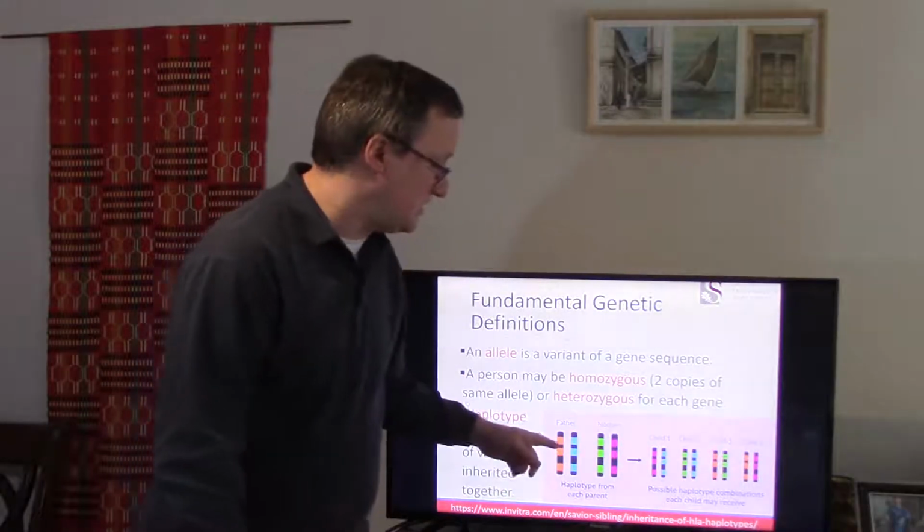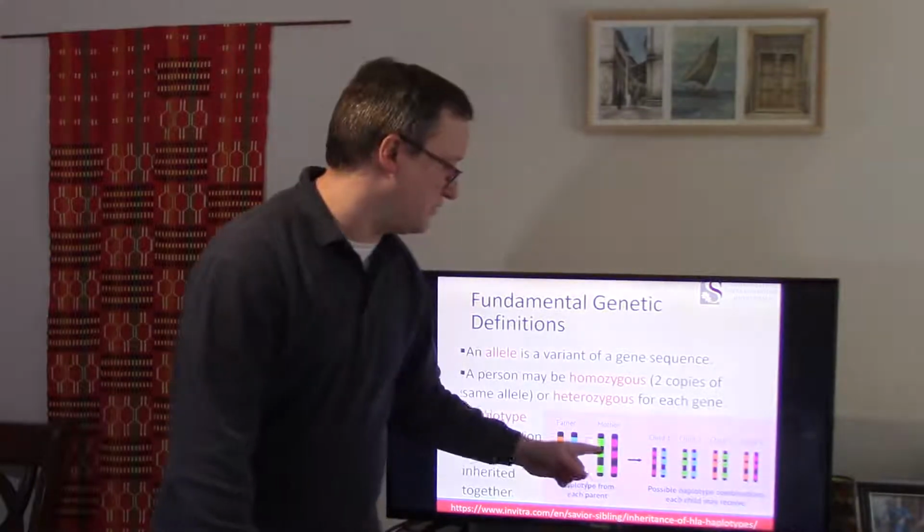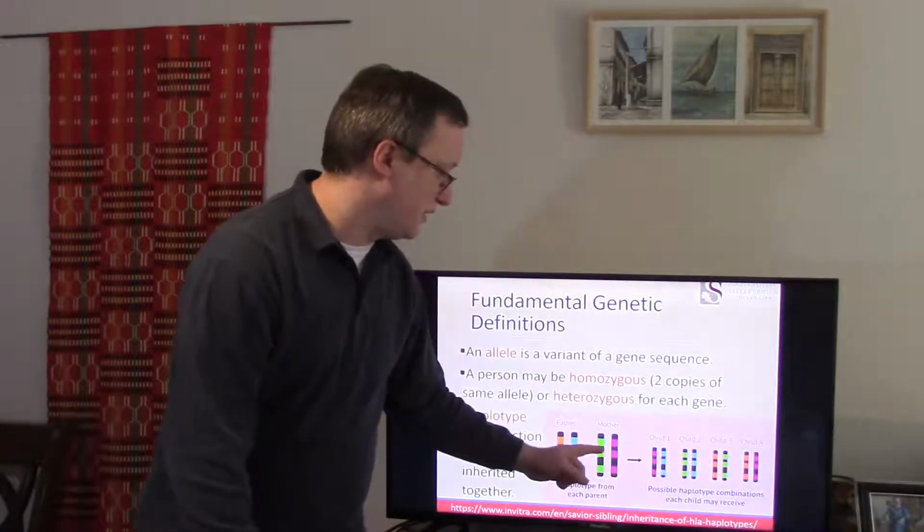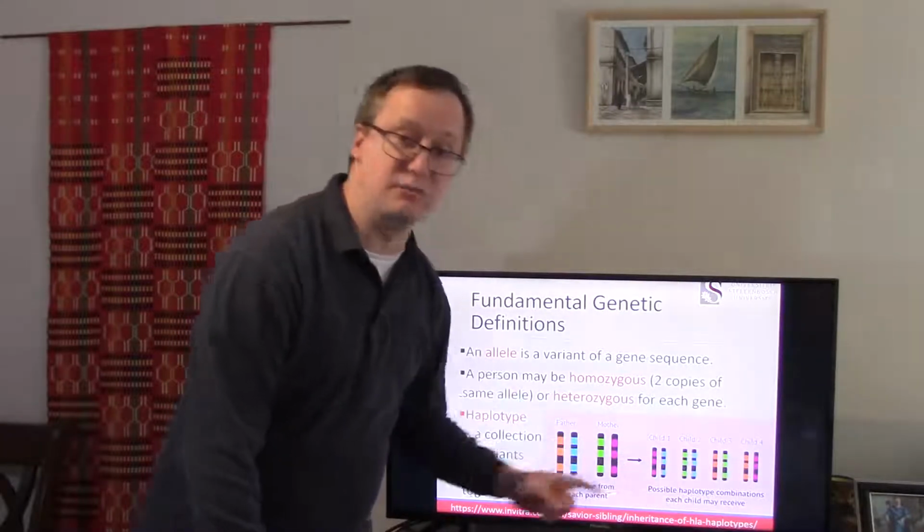So in this case we see that there are 4 different combinations where the mother contributes magenta and the father contributes blue, the mother contributes green and the father contributes blue, etc.